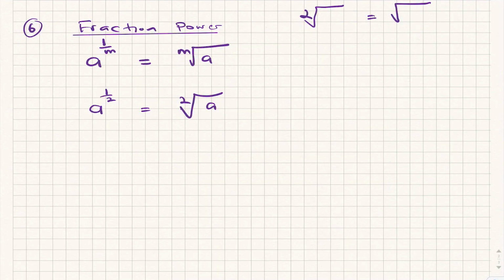This is a default because 2 is the first one, so it's the default. So when you say root 2, it's the same thing as root.